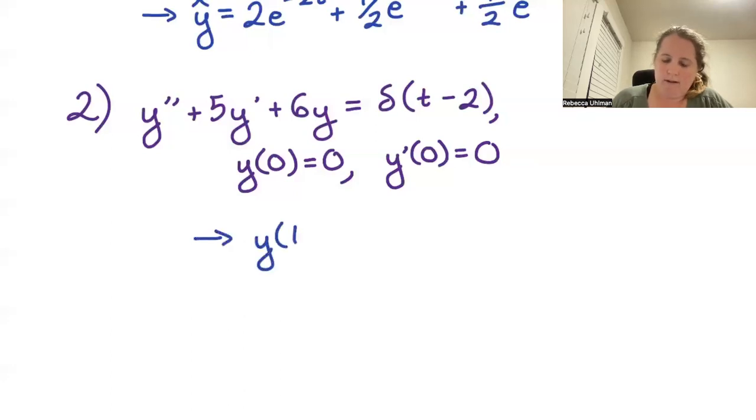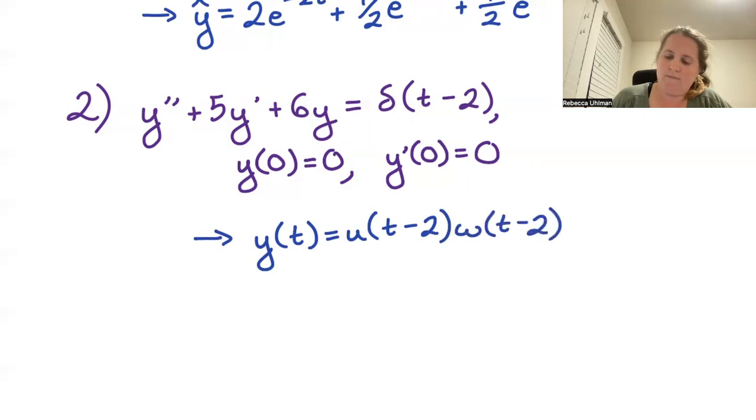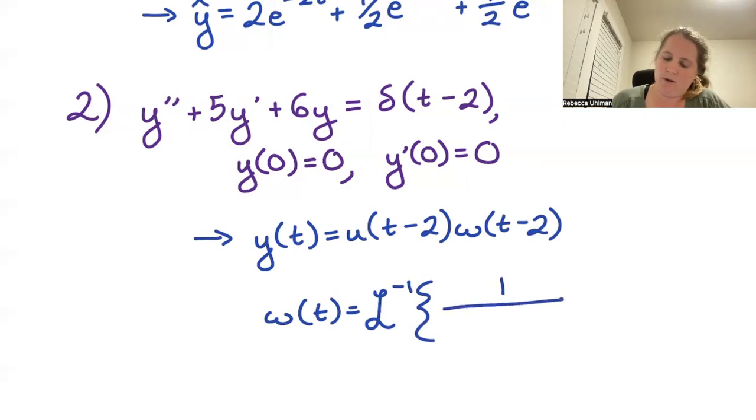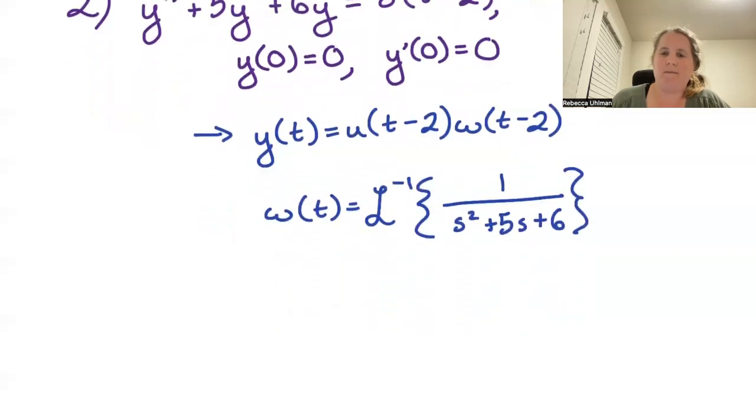y of t is equal to u of t minus 2 times w of t minus 2, where w of t is the inverse Laplace transform of 1 over our characteristic polynomial. So 1 over s squared plus 5s plus 6. We can factor that.